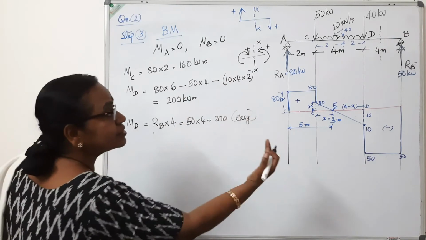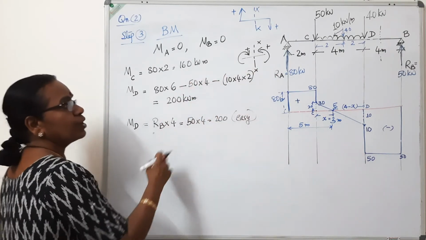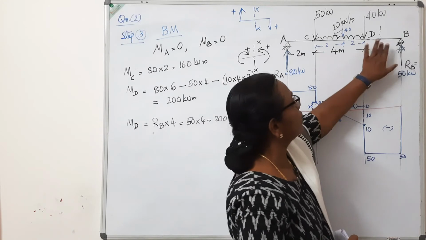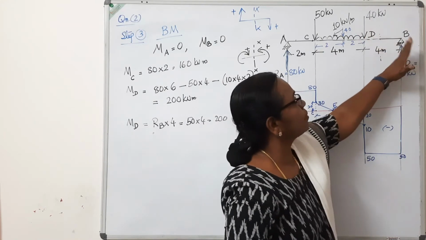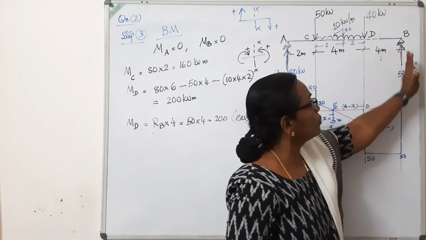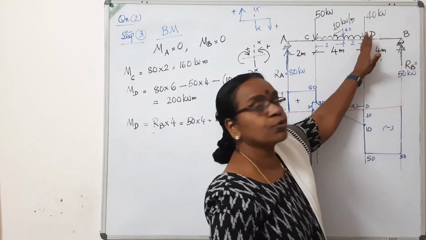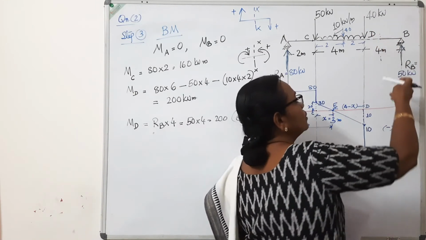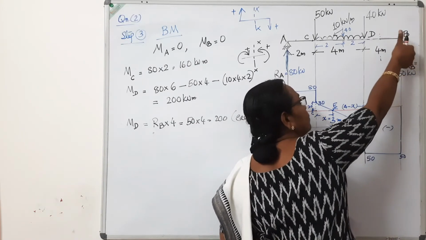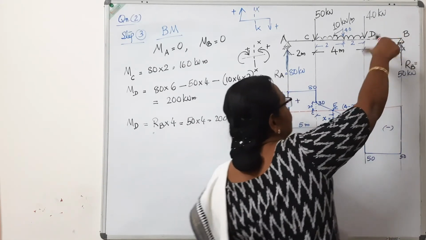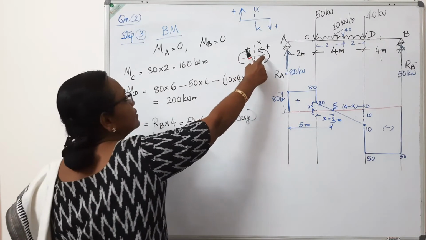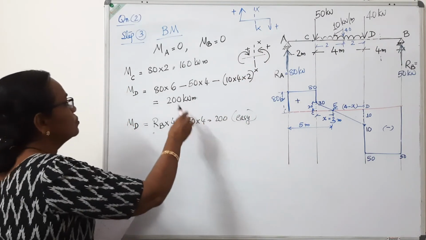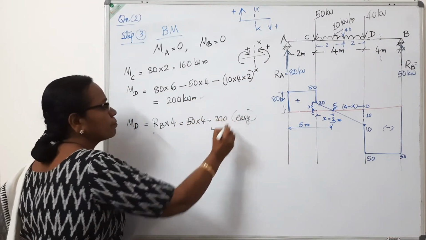From the right end, there is only one load if you want to take moment about D. If you start from this end, there is only one load acting at 4 meter, so it is reaction RB into 4. Use your thumb, place your thumb like this, take moment about this, it is anti-clockwise. So right of D, if you consider anti-clockwise moment positive, both these results are same.